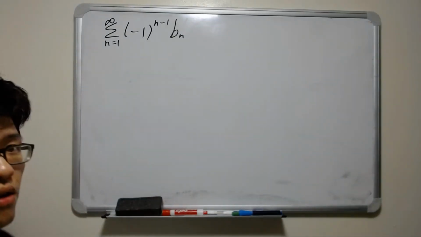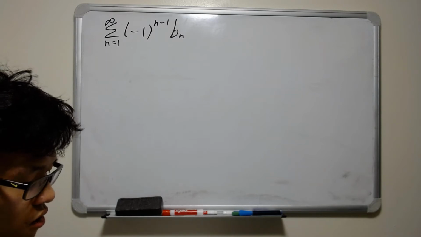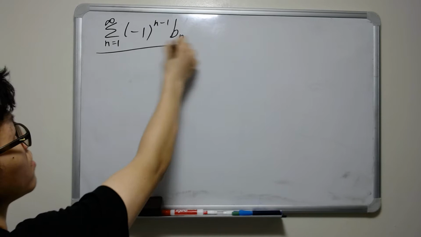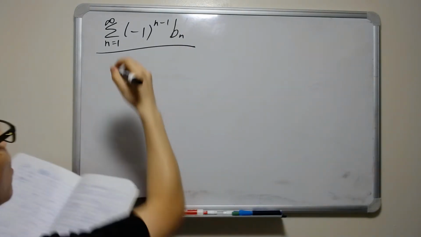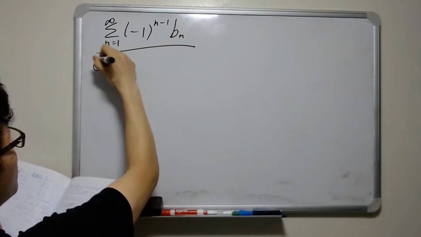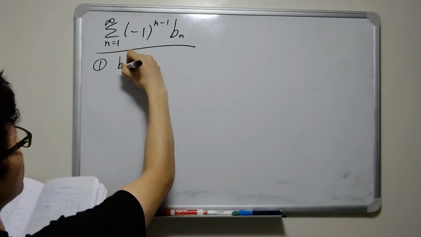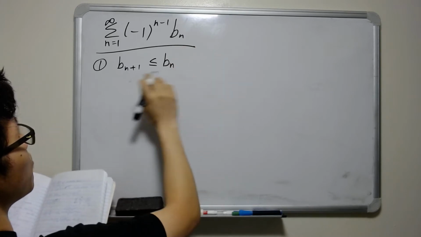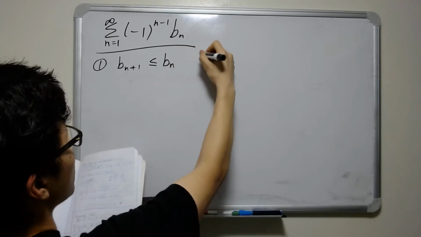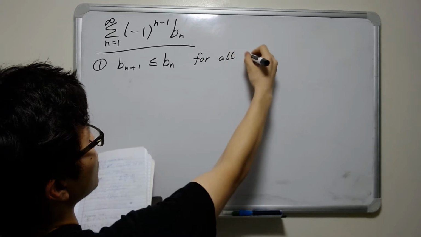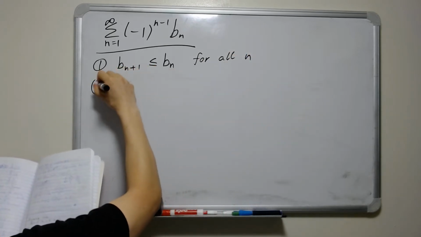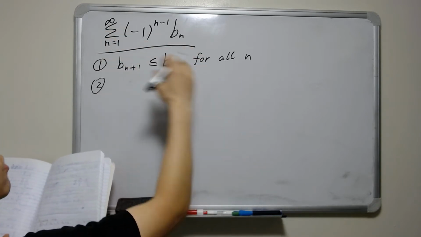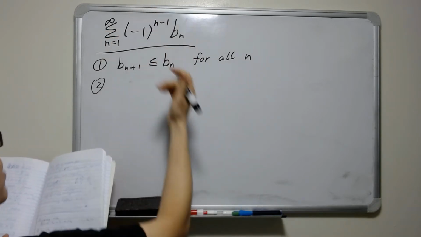So here is the alternating series test. This test only works on series like that. If the series satisfies these two conditions: the first one is b_(n+1) is less than b_n for all n, which means the sequence is decreasing, and we just ignore the (-1)^(n-1).